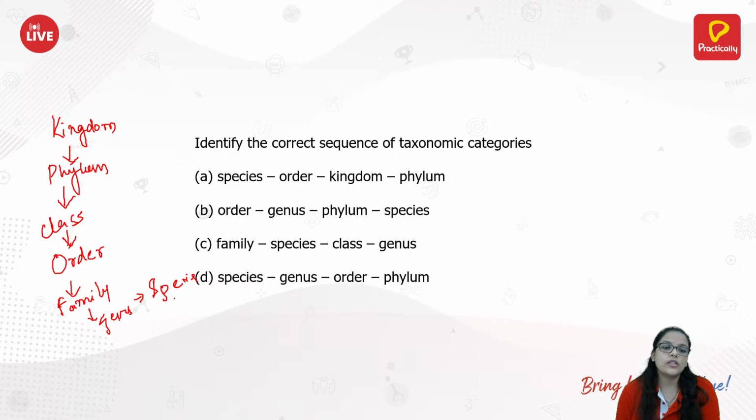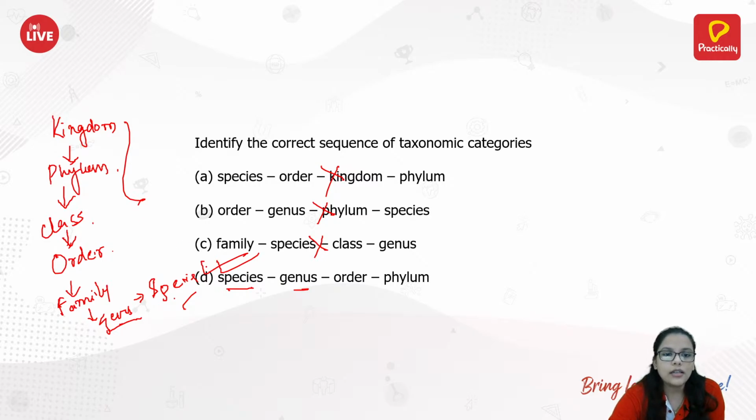So species, genus, family, order, class, phylum, kingdom. Which one matches? Species, order, kingdom, phylum? No, this does not go. Order, genus, phylum, species? No, doesn't work. Family, species, class, genus? No. Okay, this one, see. Species, genus, order, phylum. The answer is D. You can just check with this, match it, and the answer is D.